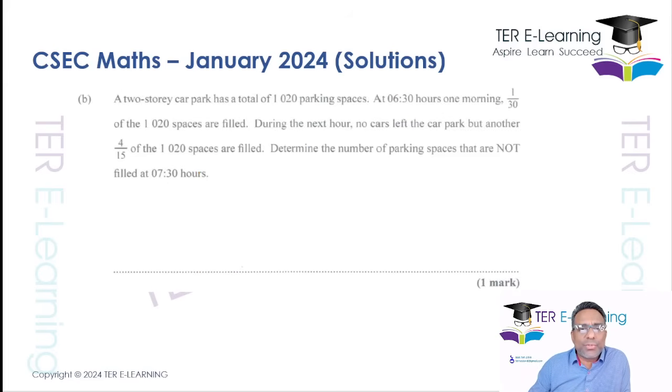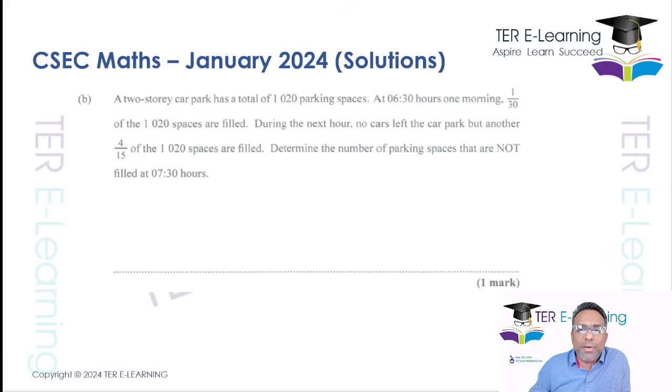Part B, we have a 2-story car park that has a total of 1,020 parking spaces at 6:30, that's in the morning. 1/30 of the 1020 spaces are filled. During the next hour, no cars left the car park, but another 4/15 of the 1020 spaces are filled.